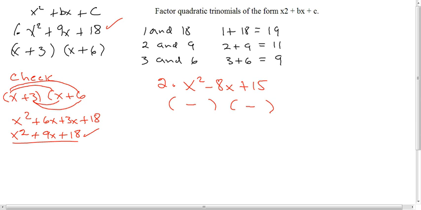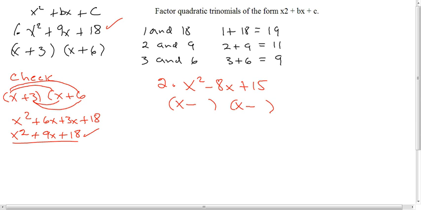So now we see that our first two terms, x times x, give us x squared. So our first two terms inside of our binomial will be x and x. And now we need to look at what are the factors of 15 that will add together and give us 8.